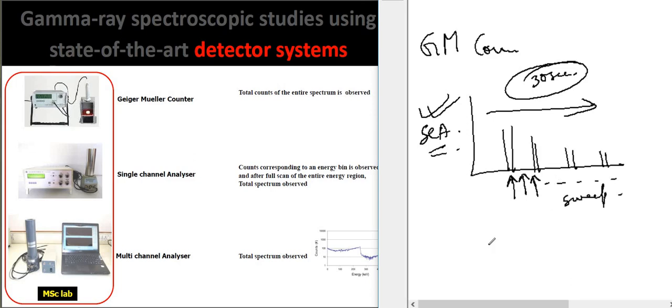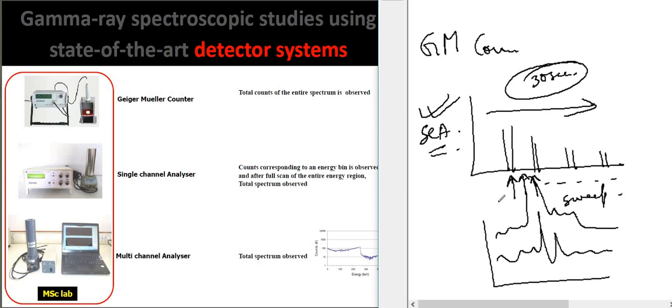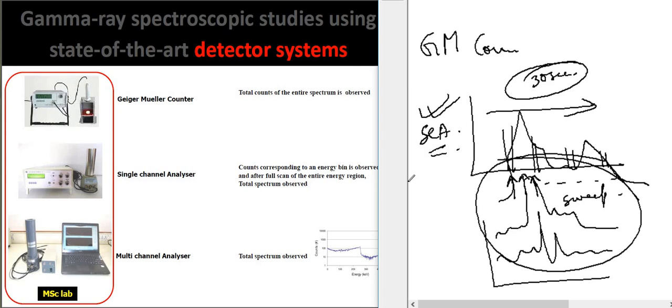But in the case of MCA, you don't wait for 30 seconds or anything like that. You turn on the knob after the source is there with appropriate settings, and you will start seeing the spectrum. And interestingly, after some time, say 1 minute or so, you will see the spectrum keeps on increasing. So everything is coming together over here in the MCA.